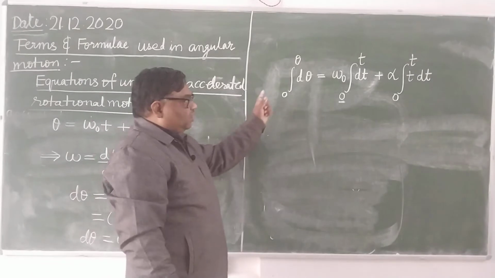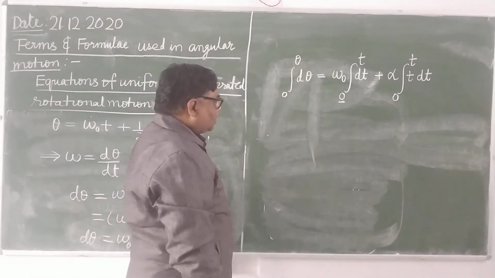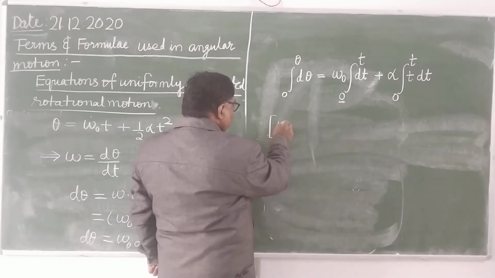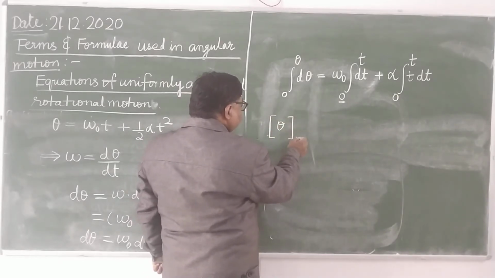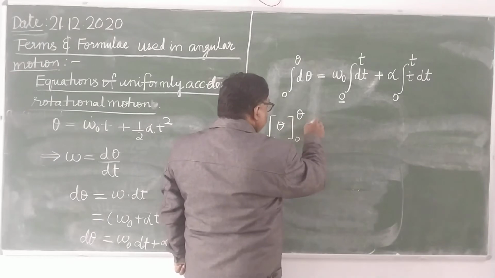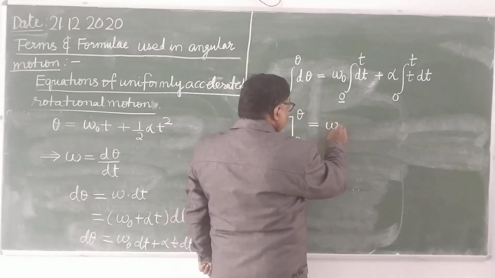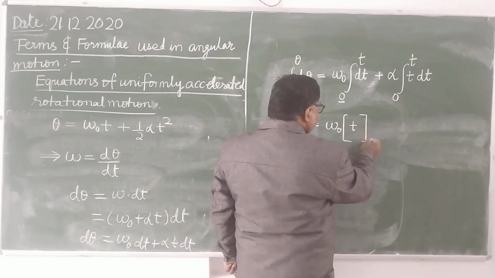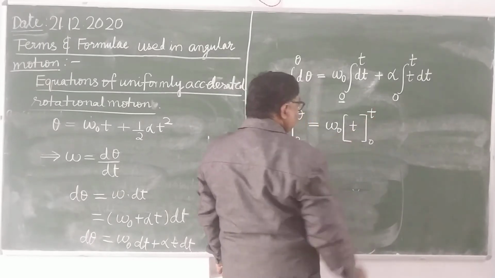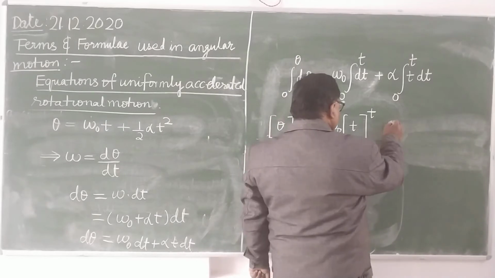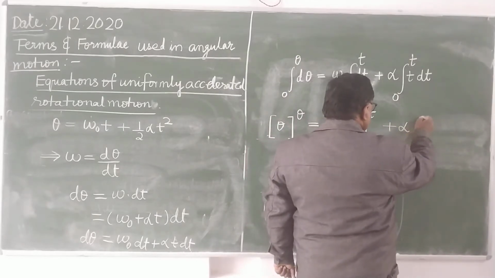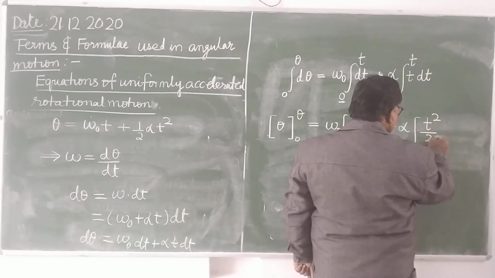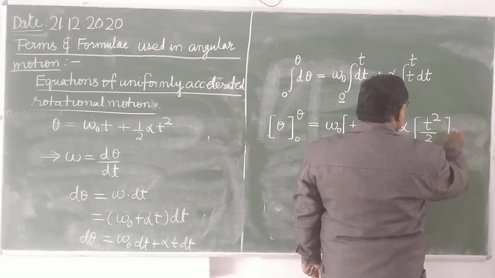Now integral d theta, just now I told you that integral dx equals x, so integral d theta will be equal to theta, with limit from 0 to theta. That equals omega naught times integral dt, which will be t, limit from 0 to t, plus alpha times t square upon 2, limit 0 to t.